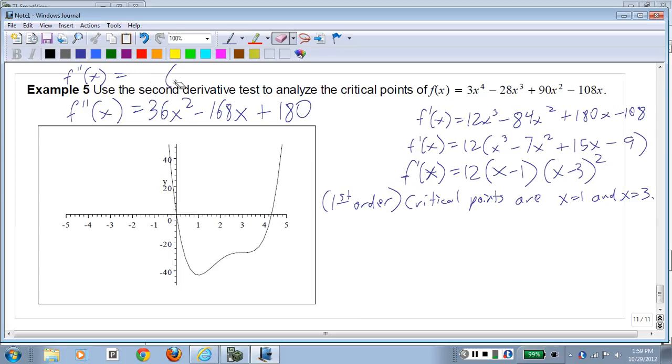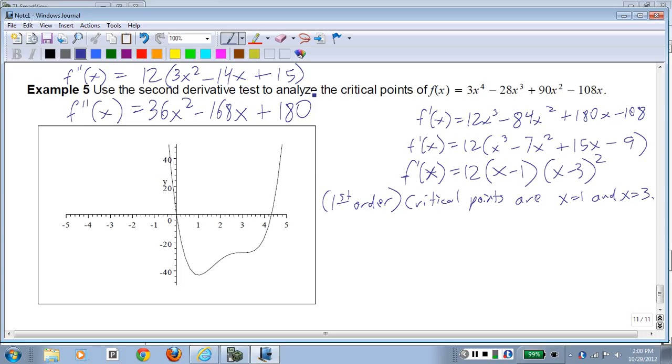Oh, I got my hopes up there. 4? 12? 12, okay. So 12, and then we have 3x squared minus 14x plus 15. Seems okay.